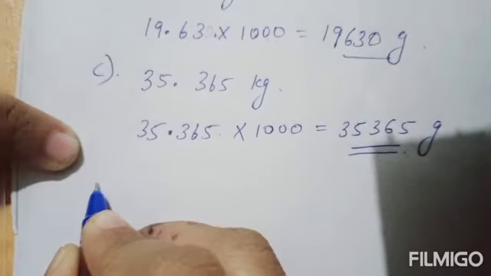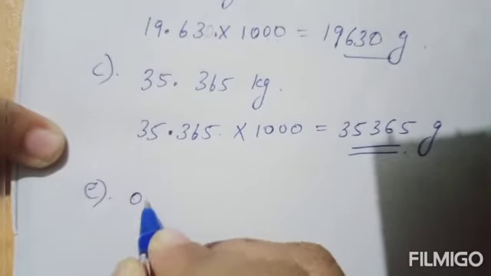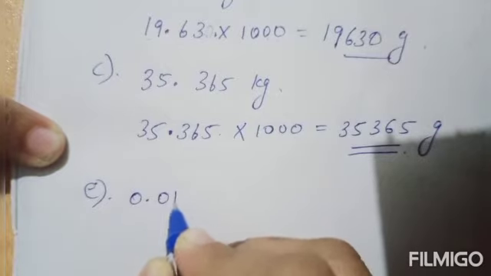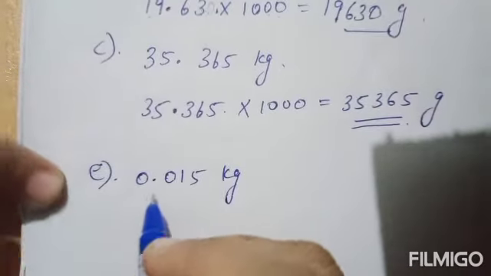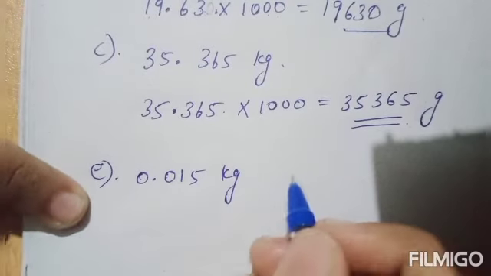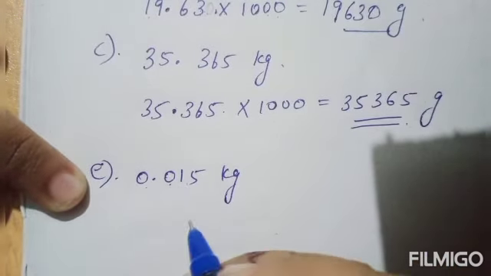Next E, 0.015 kilogram. So in order to convert kilogram to gram, multiply by 1000. So 0.015 kilogram.